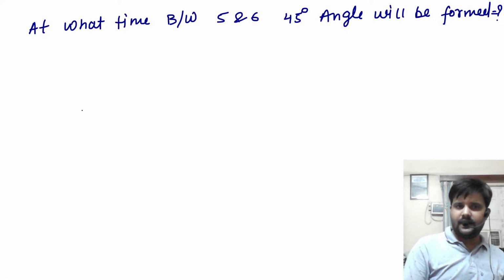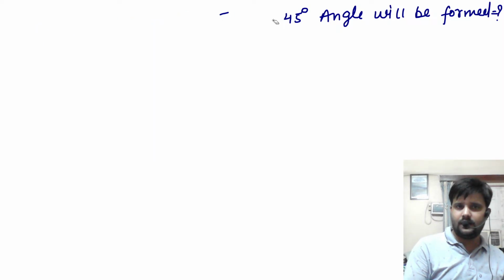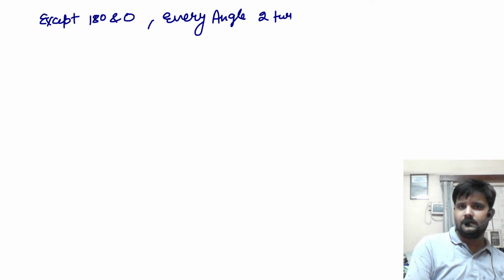Okay, let me be very clear with you. Can I erase it? I'm making you understand everything. Don't worry. Just focus here. What we know is that except 180 and 0, every angle will be formed twice.